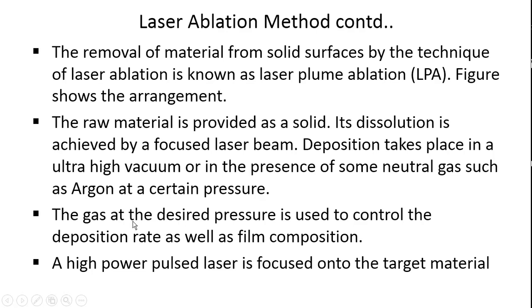Why does this process take place in the presence of an inert gas like argon? Because this gas at the desired pressure is used to control the deposition rate. So how much deposition has to be made upon the wafer surface can be controlled with the help of this gas at the desired pressure.